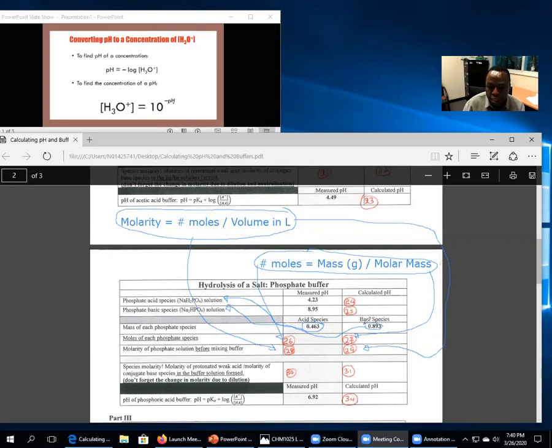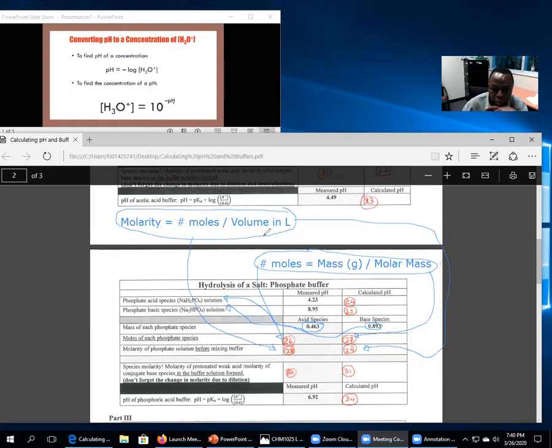So it's a function of how many ml of water was used to dissolve this, and how many ml of water was used to dissolve that, to find the concentration of each one of them. This is before mixing, all right? For the most part, you'll have to go back to the procedure in order to figure out what is going on.